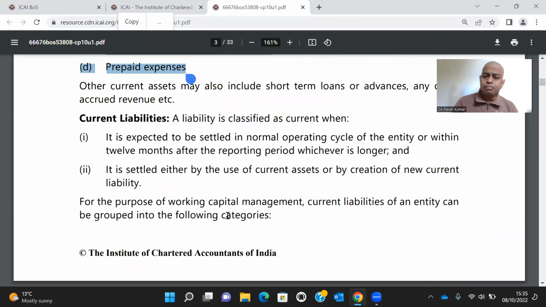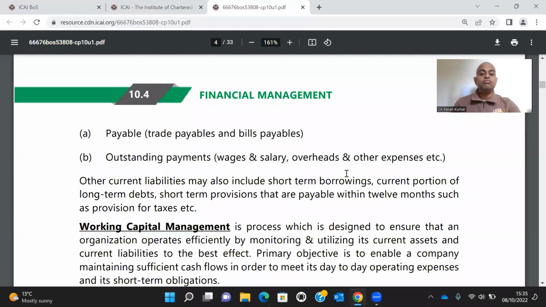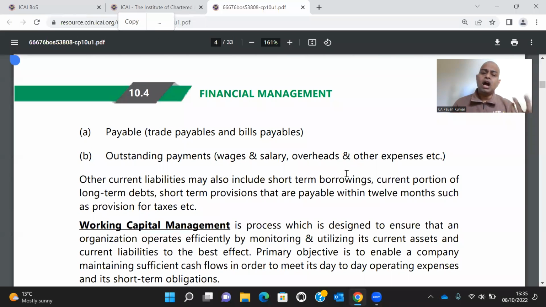So these are current assets. Then they have given some examples for current liabilities also. Here, it is expected to be settled in the normal operating cycle: payables, trade payables, bills payable, outstanding expenses. All these are current liabilities.